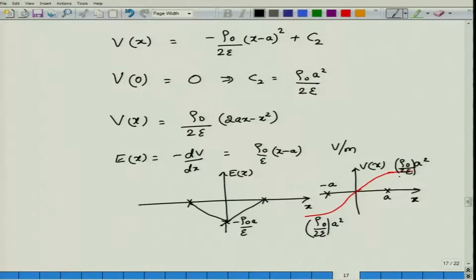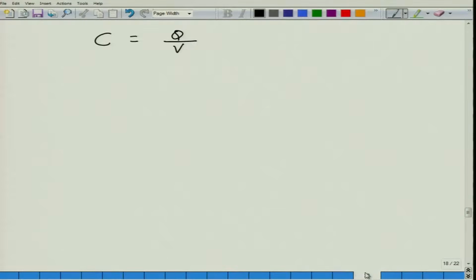The potential difference that you are looking at between the two junctions, because V of x is positive here and V of x is negative here, the total potential is the difference between the two, and that is called the junction potential. For this case the junction potential happens to be rho 0 a square by epsilon. You can substitute that here into the expression for the junction potential. The stored charge will be the charge density that you have, rho 0, times the area of the bar, which would be a.